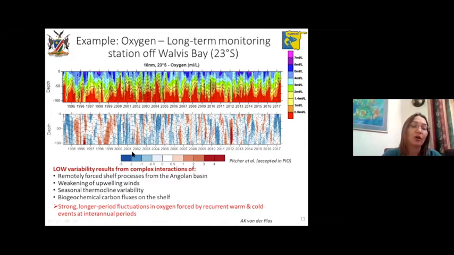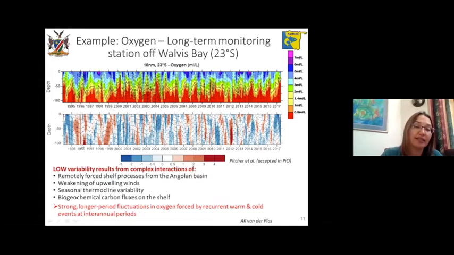In the lower graph here, I actually show that same time series of dissolved oxygen, but showing it as oxygen anomalies, so that it shows up much more clearly when you have periods of longer and stronger fluctuations in oxygen.